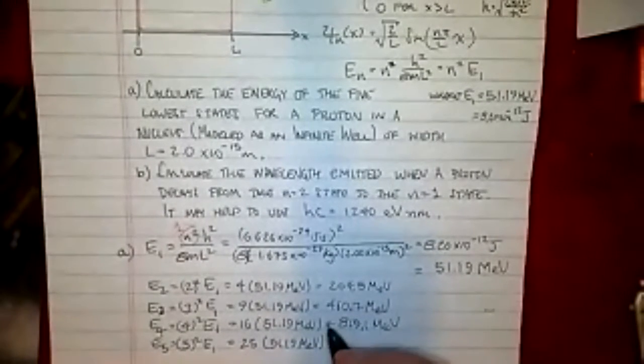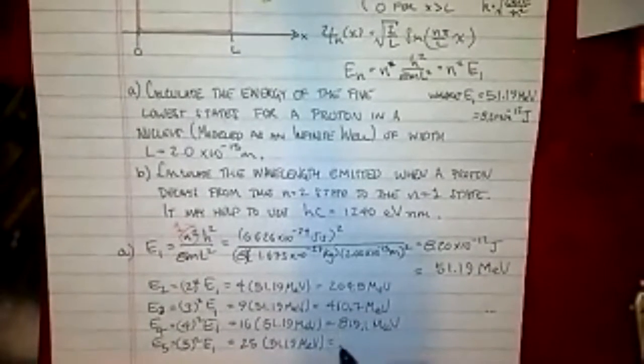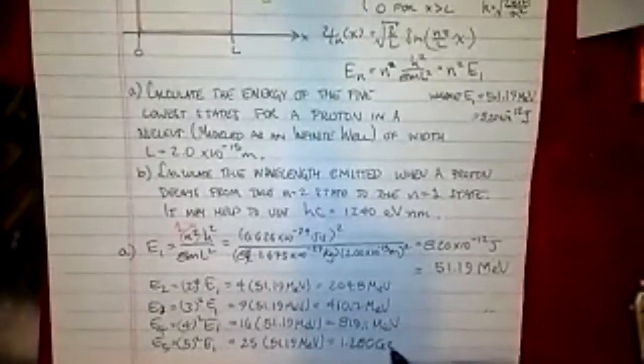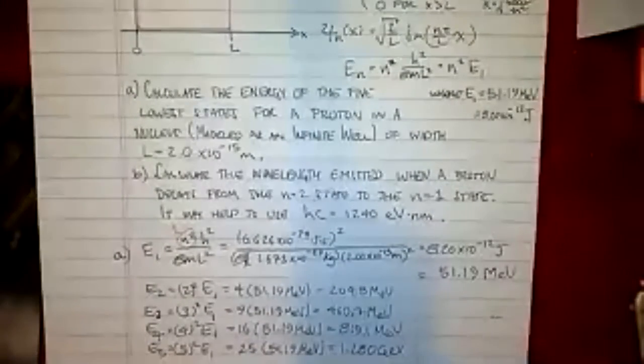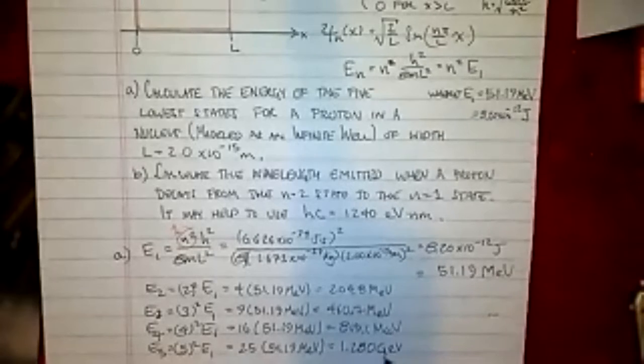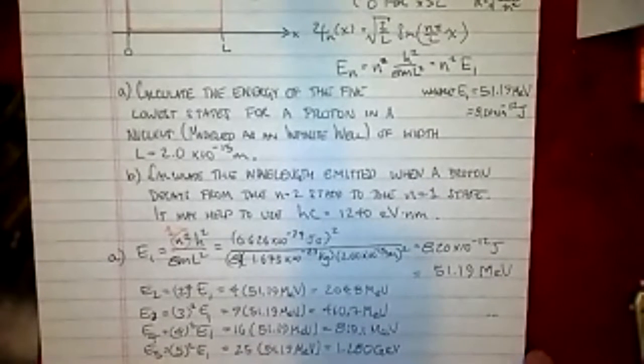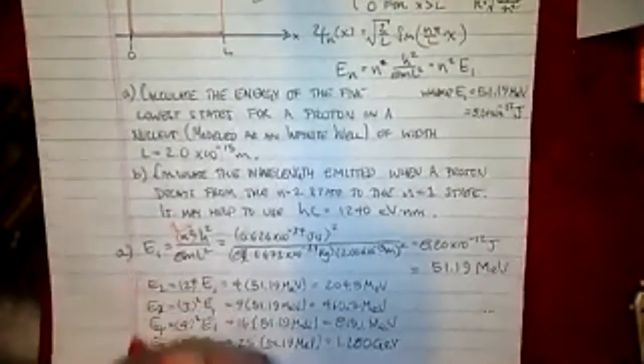And in this case, it actually bumps all the way up to 1.280 GeV. In other words, we get 1,280 MeV, and that's, of course, 1.280 GeV. So we now have the energies that were asked for.